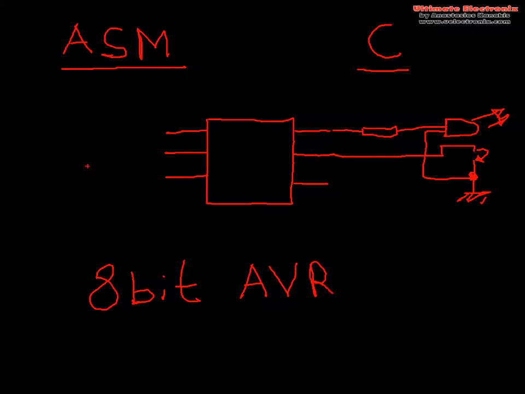When we cover the assembly in Atmel AVR, we will move to the C example in Atmel AVR, and then we will move to the microcontrollers of another company, which is Cypress.